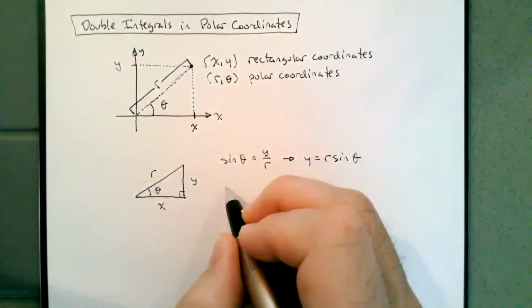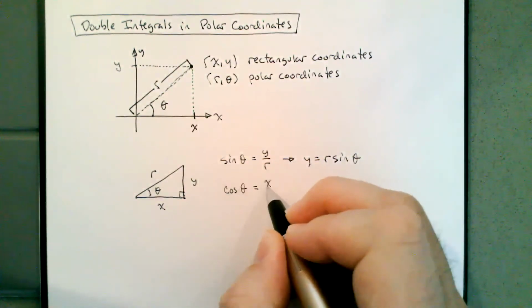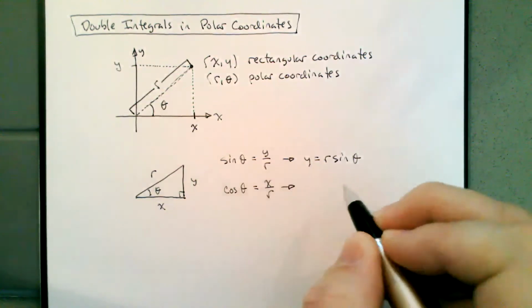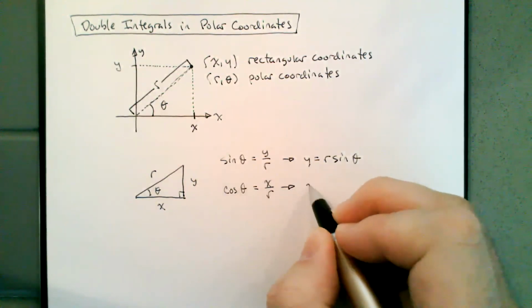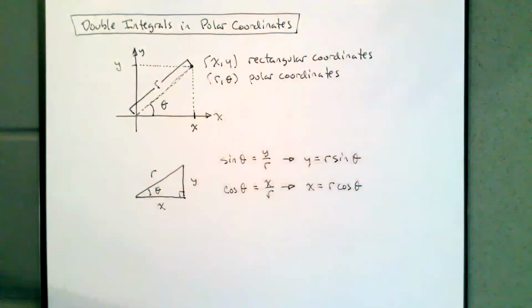And cosine of theta is adjacent over hypotenuse. And so with r and theta, I can calculate x as r cosine theta. In the other direction, I can use the Pythagorean theorem if I have x and y to figure out r.